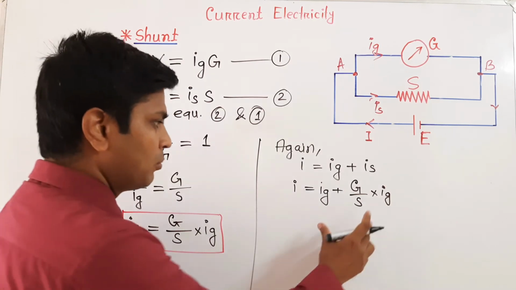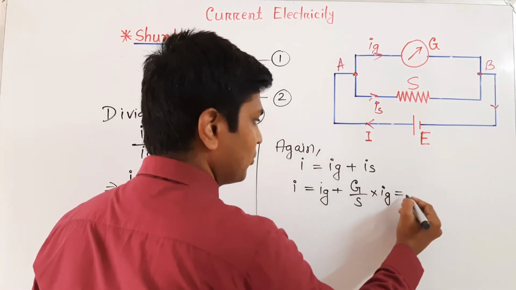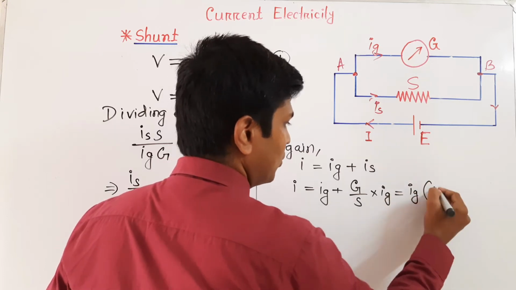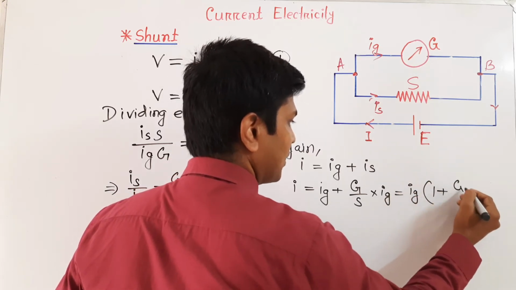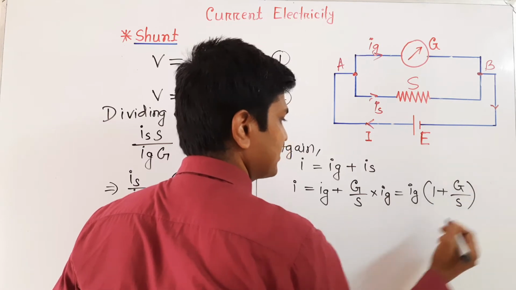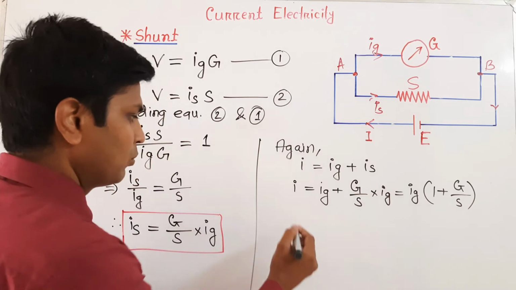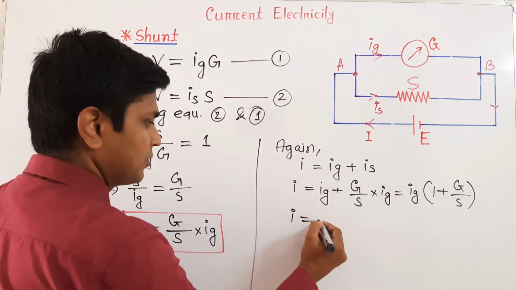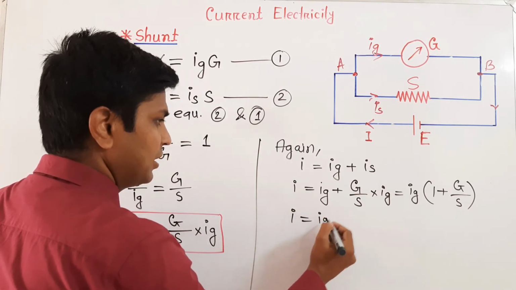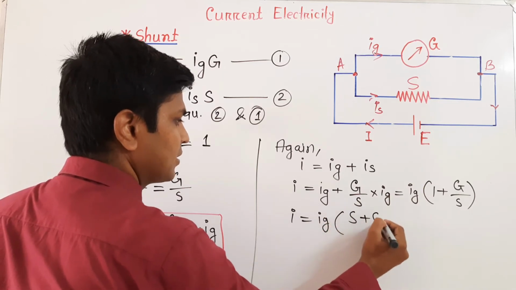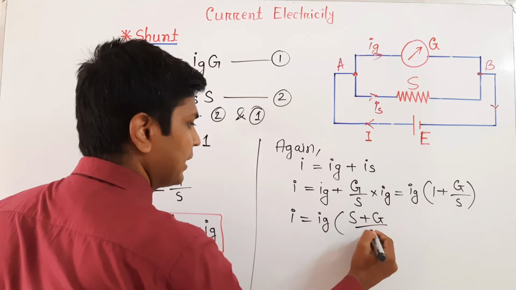Now if we take Ig common here, we can write Ig into 1 plus capital G divided by S. If we simplify this equation, we can write I equals Ig into S plus G divided by S.